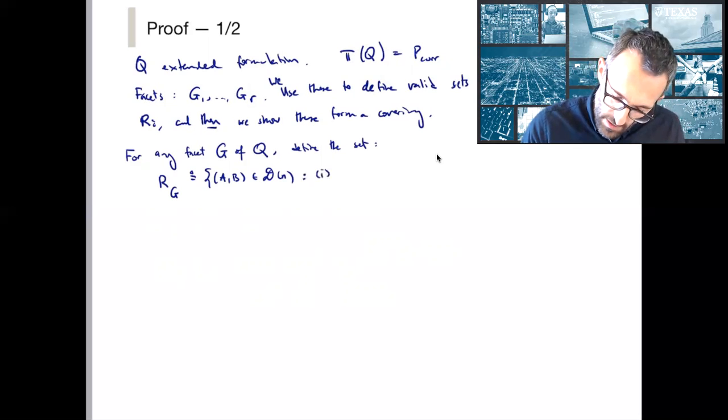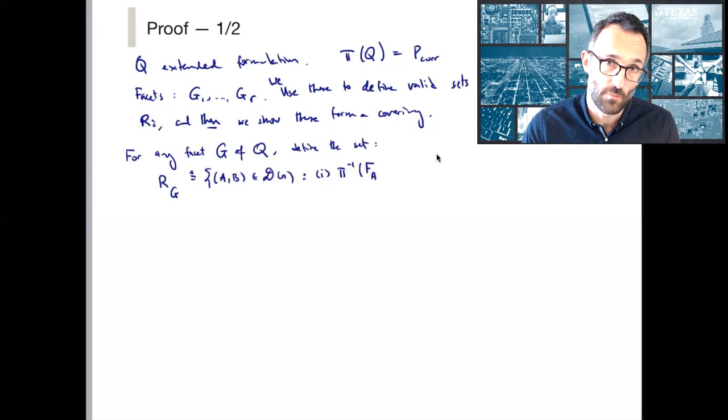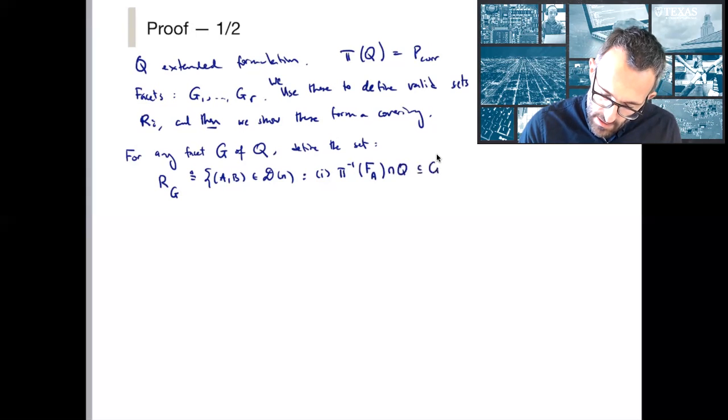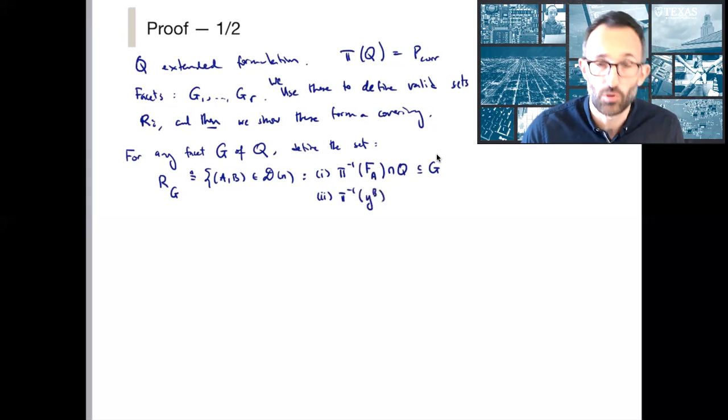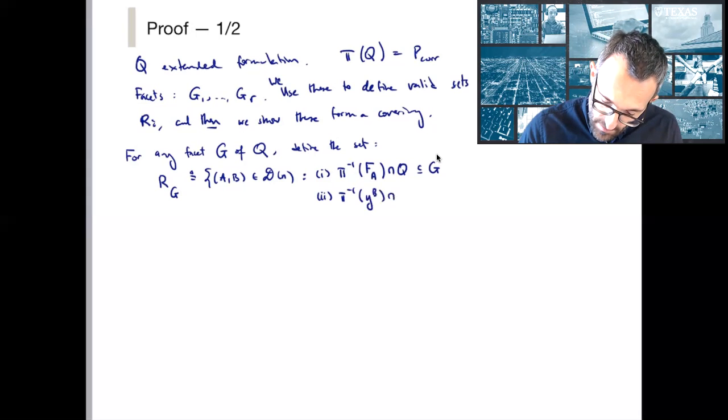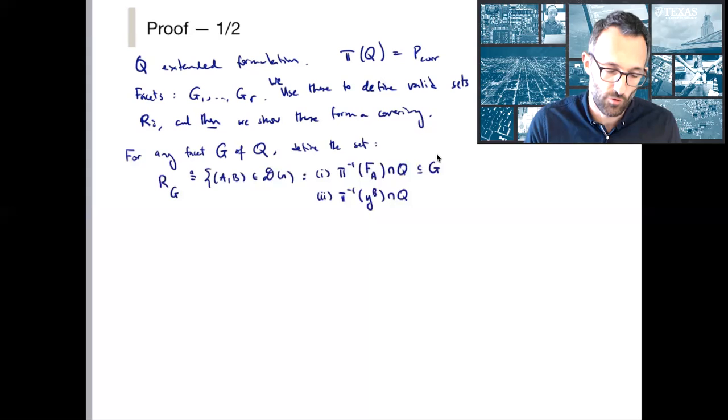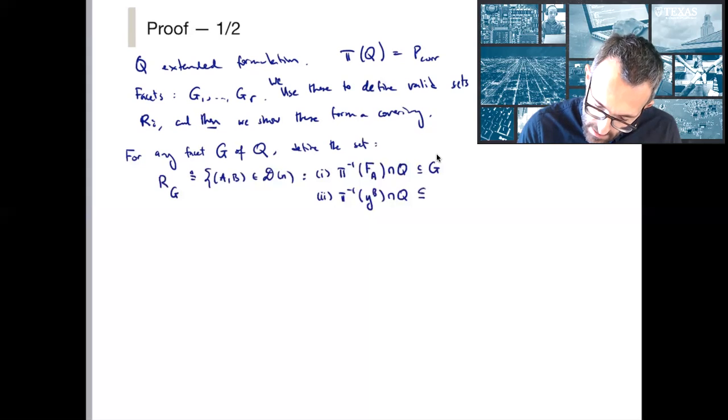Property 1 is that pi inverse of the face that corresponds to A, remember F_A is that special face that we defined in a previous lecture, is contained in G. And the second property is that pi inverse of the extreme point corresponding to the subset B, its inverse image in the extended formulation Q, is not contained in G.